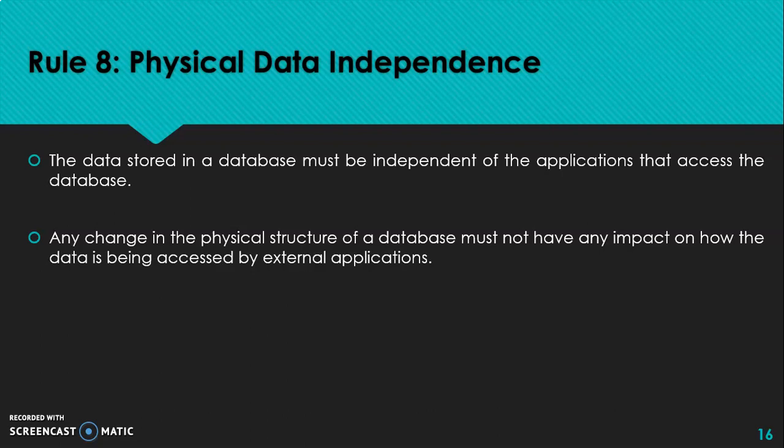Any change in the physical structure of a database must not have an impact on how the data is accessed by the external application. So if there is any change in the database structure, but this change does not affect the application program, that is the application which is used by the user, so the user is unaware of the changes, and this helps in physical data independence.